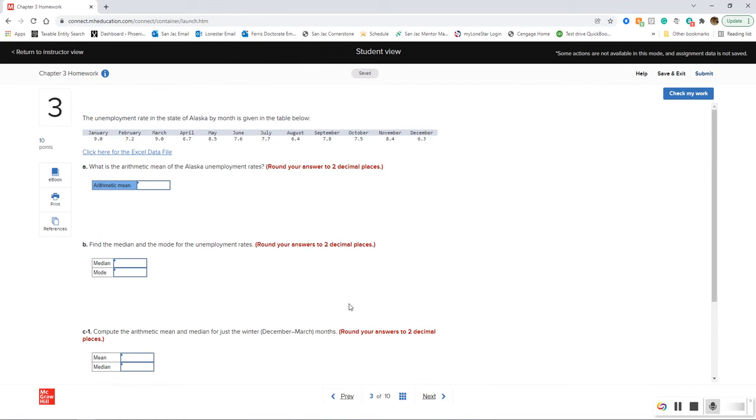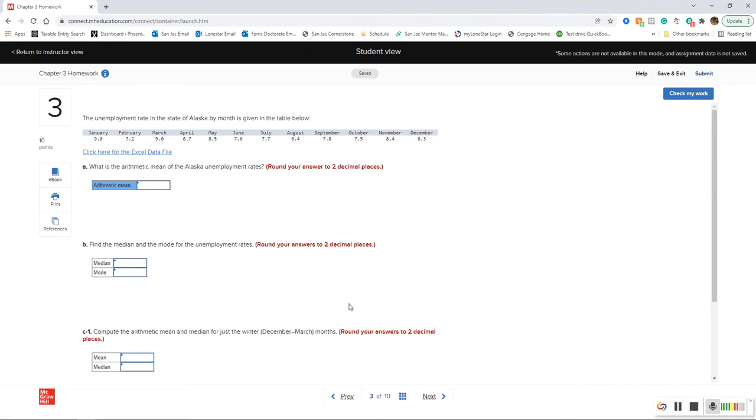So, this one's about the same as what we just did. I'm not going to go through this one because it's basically the same. We have the Excel data and it wants us to find the average in part A. And then the median and the mode in part B, which is what falls in the middle.